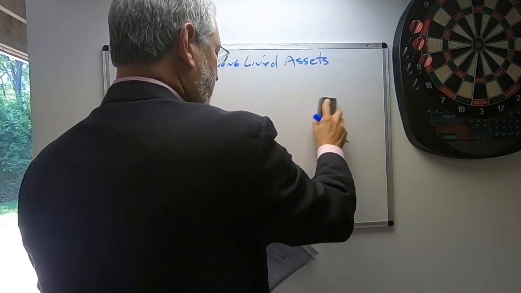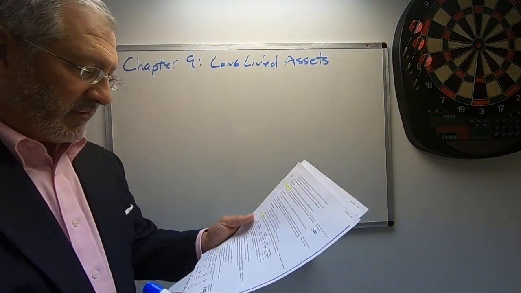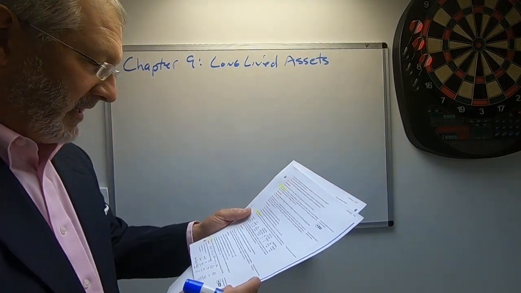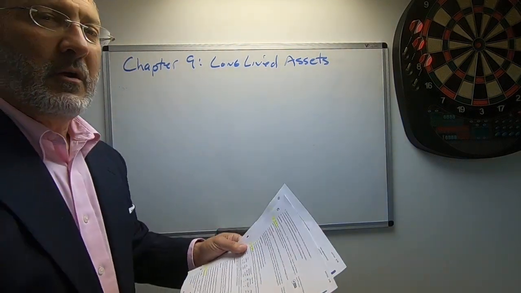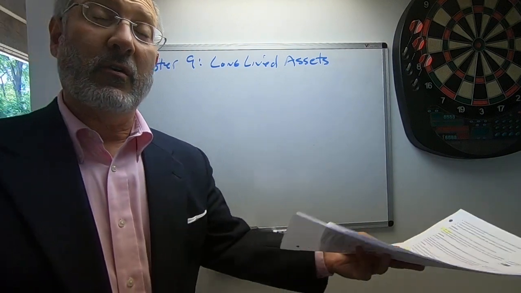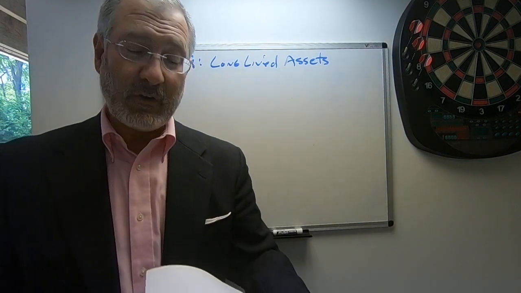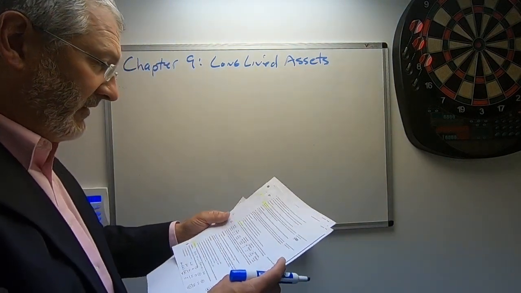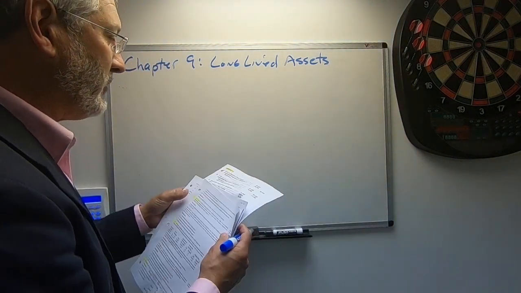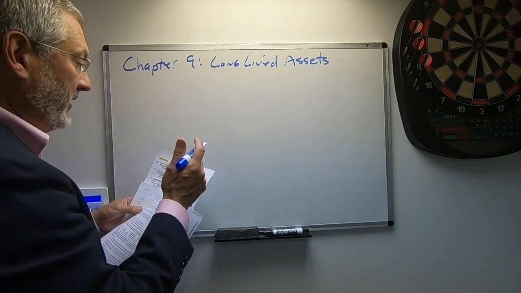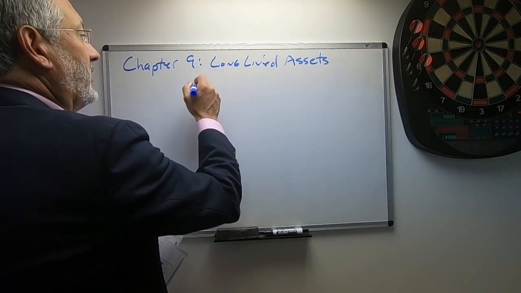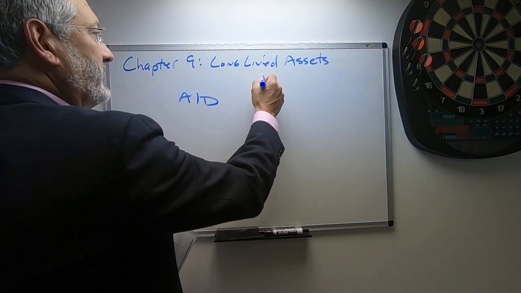So we have 3 scenarios. First of all, it was scrapped as having no value. So what you want to do is record the cash, remove accumulated depreciation, remove the asset, record gain or loss. But in this first scenario, it was scrapped. There was no cash received. So they're going to remove the accumulated depreciation with a debit.